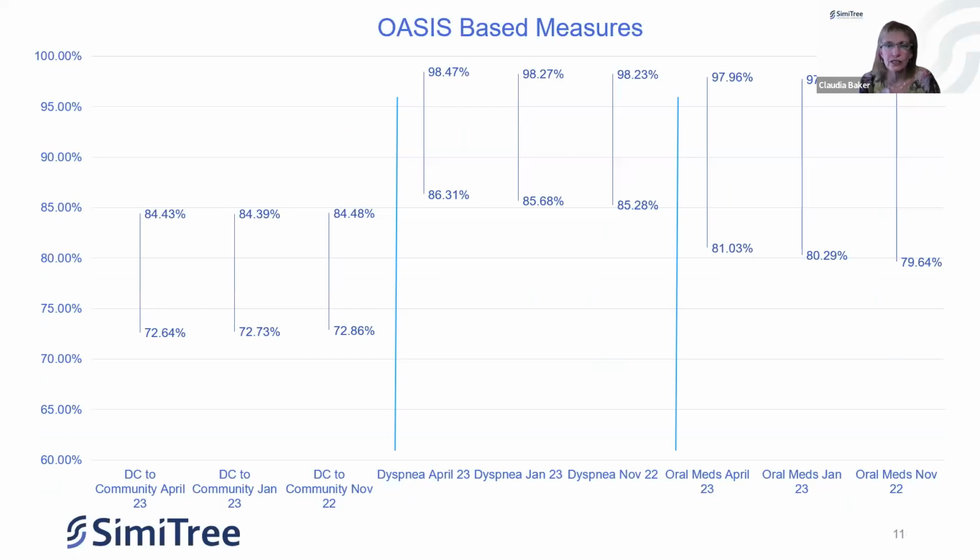So we laid each of these out for you, and I'm not going to go through every one of these slides, but what we did for you here is look at OASIS-based measures in the same way, with each one of the measures on this slide. We've got the discharge to community, we've got the dyspnea, we've got oral meds, and both the bottom and the high thresholds. And in OASIS-based measures, the higher the better.